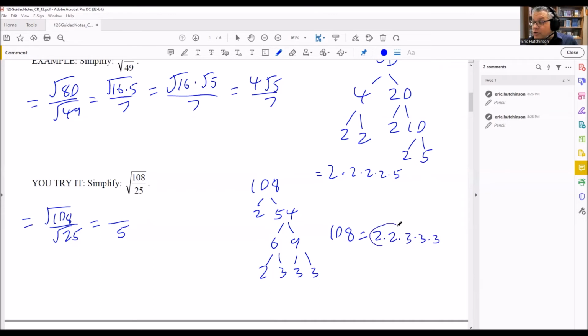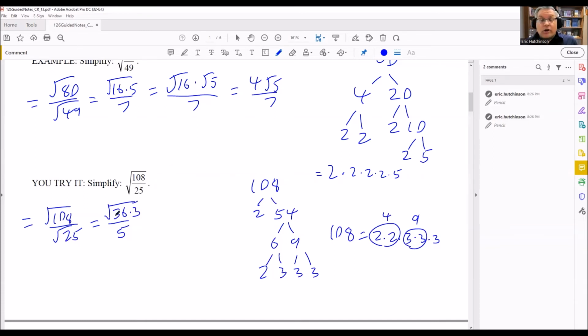Now what you want to do is look for pairs here. Every time you get a pair, that's going to give you a perfect square. So here, this is a 4, and this is going to be a 9. Both of those would be perfect squares. However, if you multiply 4 times 9, you'll get 36, which is another perfect square, which means that would be the largest perfect square you could write with this.